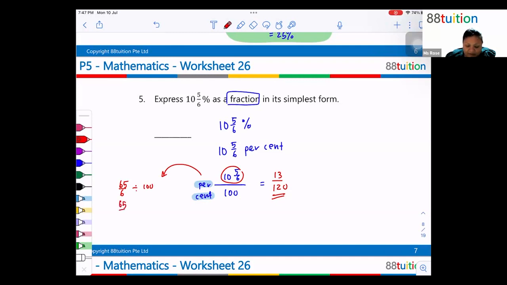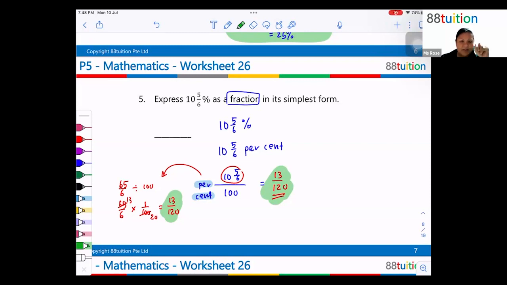That's the same as 65/6 times 1/100, to give me, divide by 5, 13 divided by 5, 20. So that's 13/120. So you get the same answer. Is that okay? Yeah? All right. Bella, thank you. Liana, yes, thank you. Okay, so everyone got this.